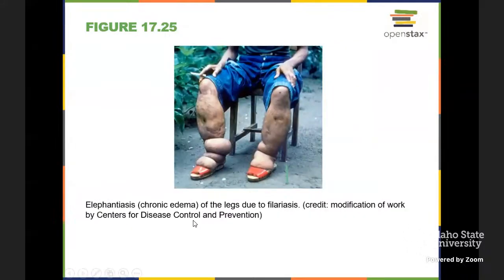And the last one, another parasite. I'm not going to go into details with this, but I sure want to. Elephantiasis, this is a chronic swelling.